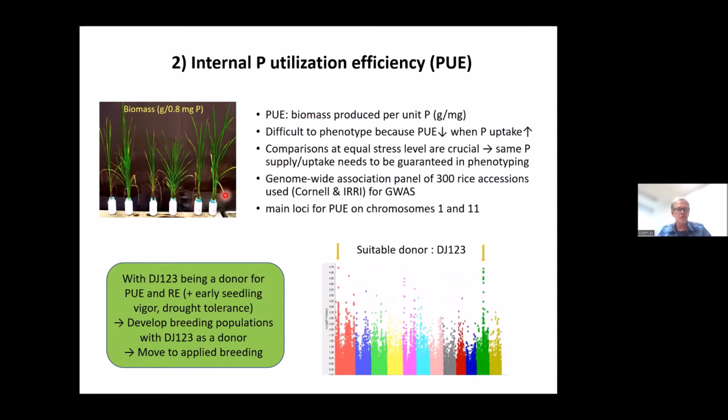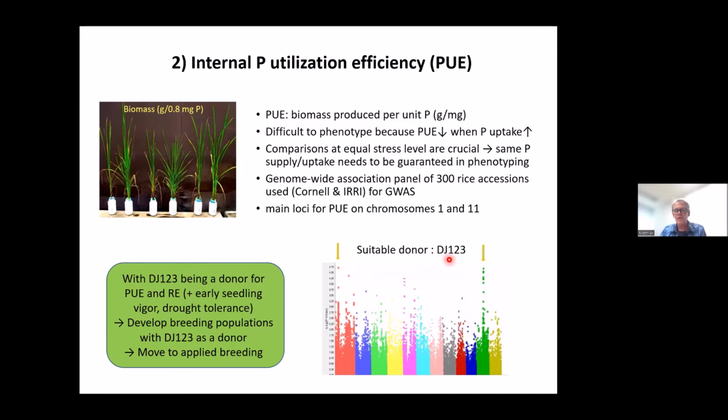We came up with a solution by growing them in small individual bottles with a known amount of fixed P that is easily accessible. So we can assume that all the P is taken up. Then we can measure the biomass produced, and we can move to genetic studies such as genome-wide association mapping, which we've done here. We identified loci for PUE on chromosomes 1 and 11.